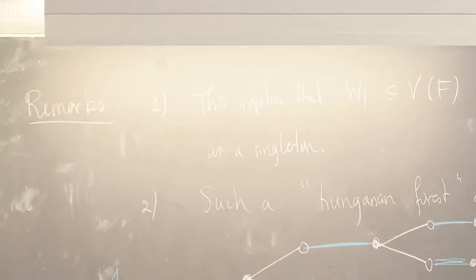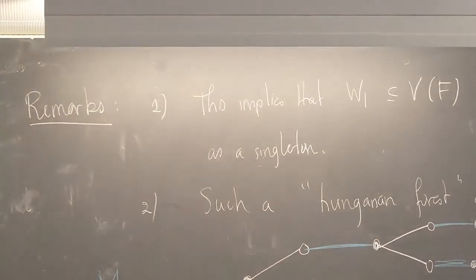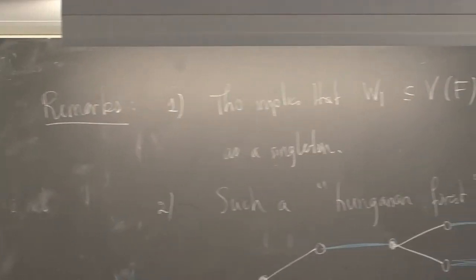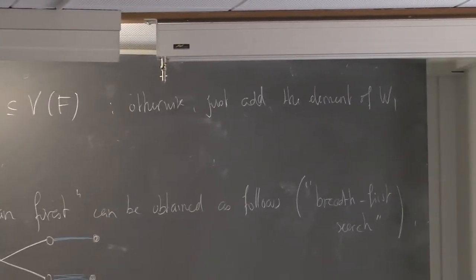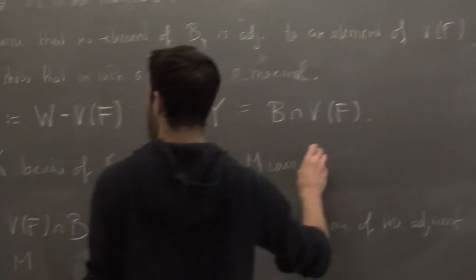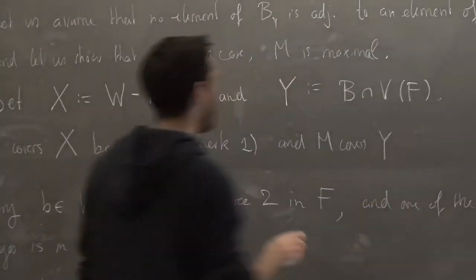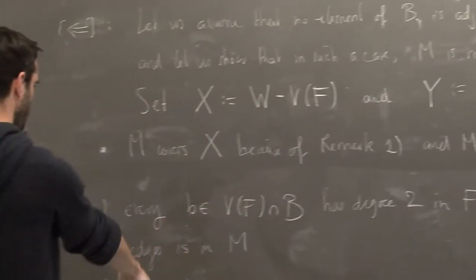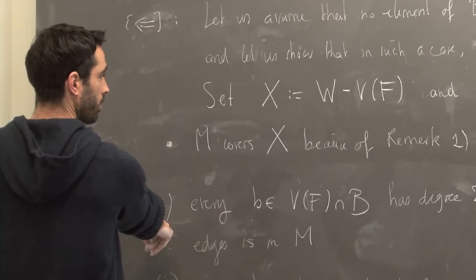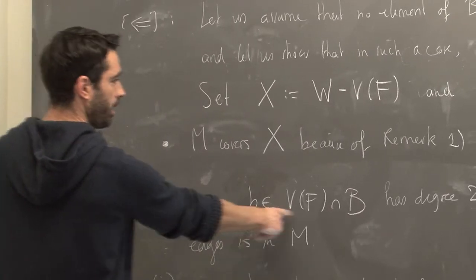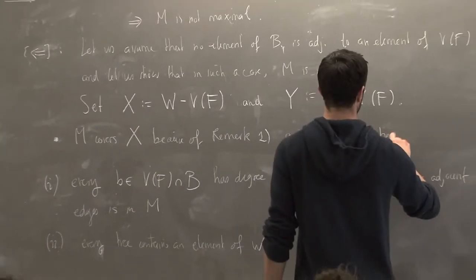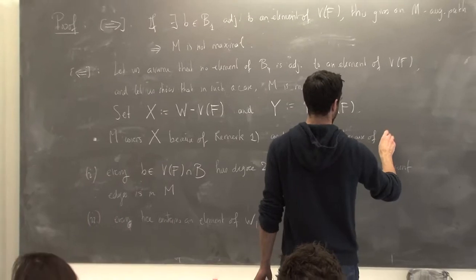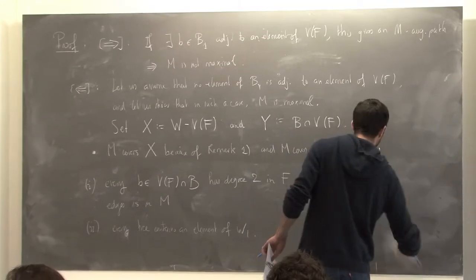Right, if you have a white vertex that is not in F and is covered. Okay. And M covers Y. Because of what? Well, it's because of this point 1 here. Every B here is covered by M in particular because of point 1, which I can now erase.